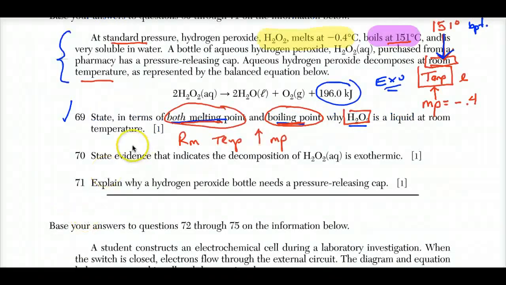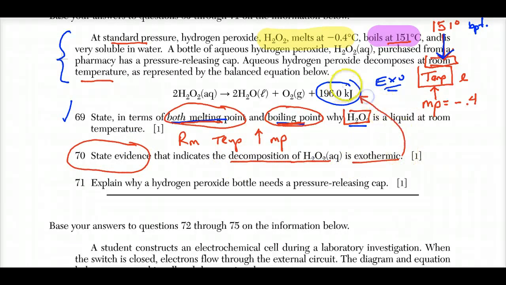Number 70, state the evidence that indicates the decomposition of hydrogen peroxide is exothermic. There it is, in all of its glory. Heat is on the product side. So therefore, you're releasing heat into the environment. Now, I don't know if there's anything else in the reading that could tell you that, but that is clear as day to me that it's exothermic because heat is on the product side.